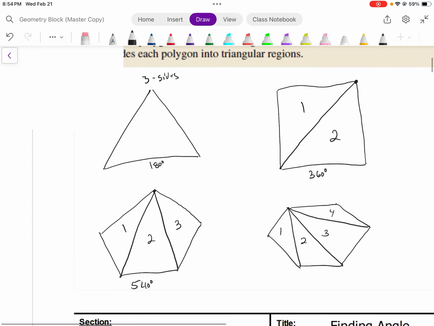Now, when we get a little further along, we can figure out each individual interior angle, and that's going to be for a regular one. That's going to be our formula. So we'll put that on the back burner for right now, but we'll come back to it. So I kind of just filled this one out. Triangle, quadrilateral, you know those two.